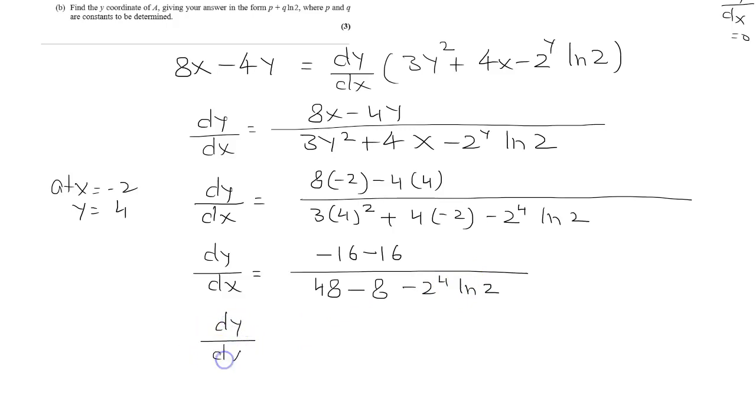So dy over dx is equal to minus 32 over 40 minus 16 ln 2.